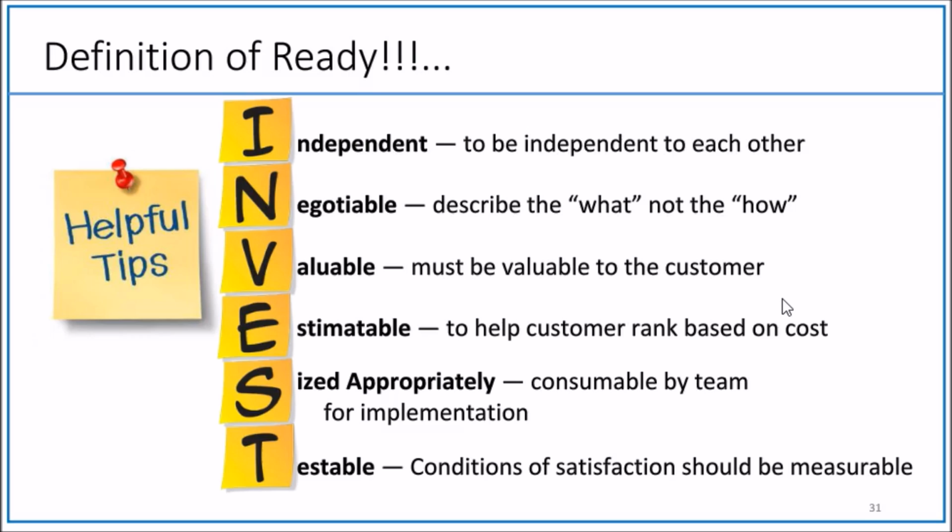So my dear friends, what I want to let you know here is, definition of ready means unless people see that stories are independent, they can negotiate, story should be valuable, estimatable, can be completed within a sprint, and can be tested with clear measurable conditions of satisfaction.